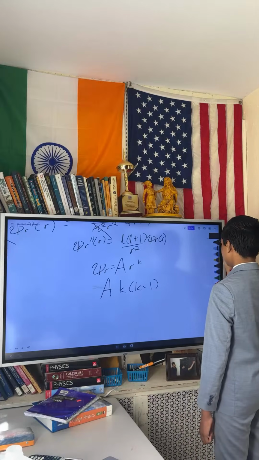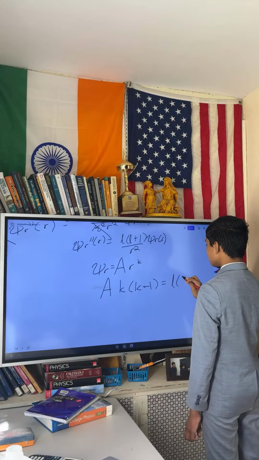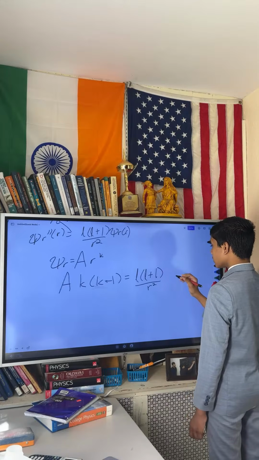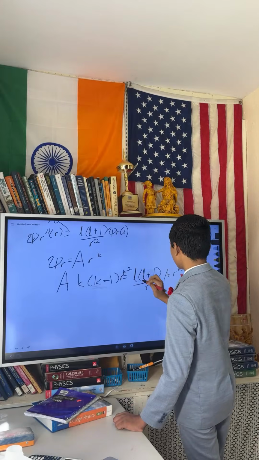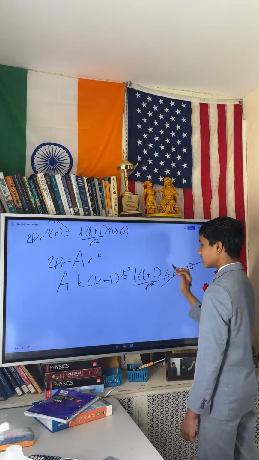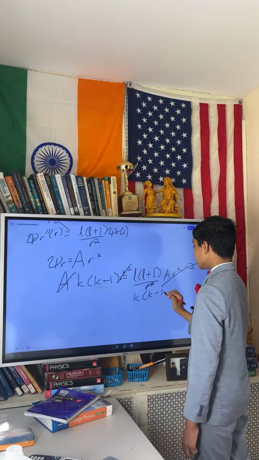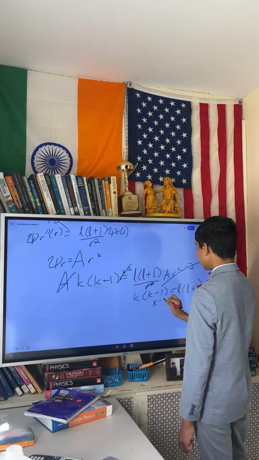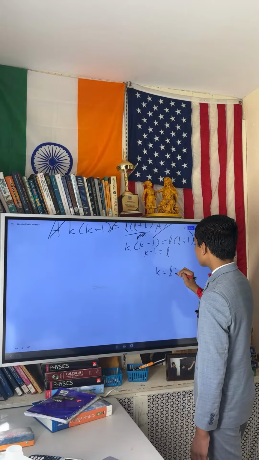We'll just pretend that didn't exist and go on. k minus 1 is equal to L times L plus 1 over r squared psi r of r, which is A r to the k, and this is r to the k minus 2. Which means that since this is A r to the k minus 2, this cancels out, this cancels out, this cancels out, and k times k minus 1 is equal to L times L plus 1, which means that k minus 1 is equal to L, and hence k is equal to L plus 1.